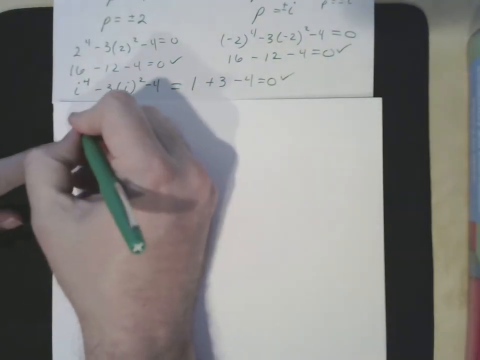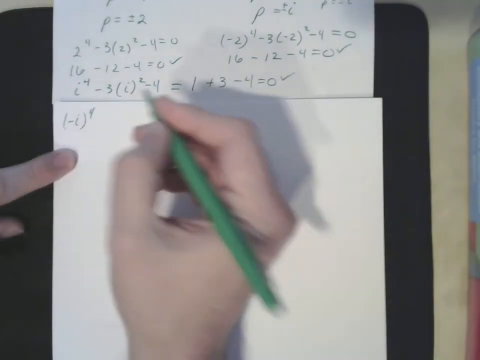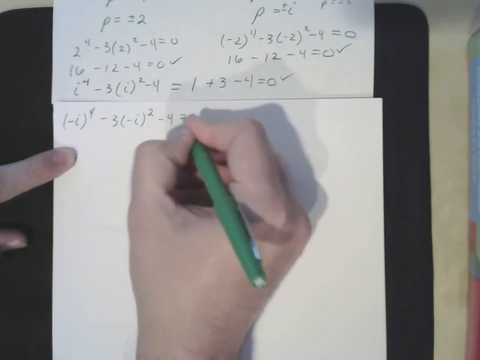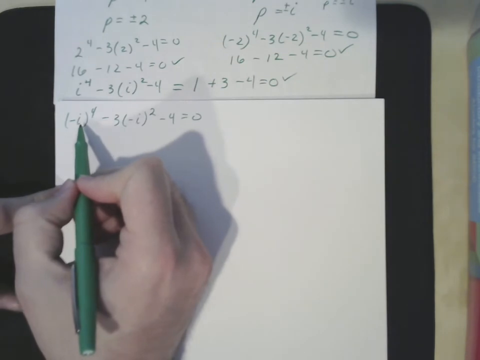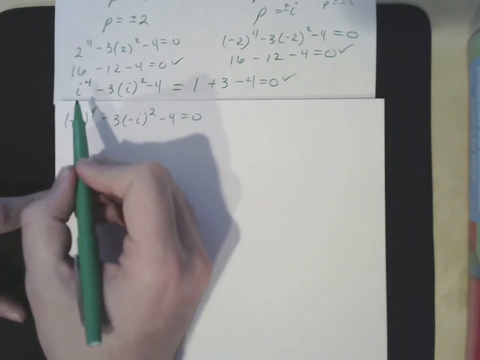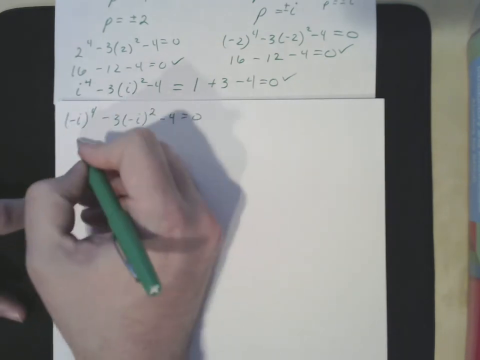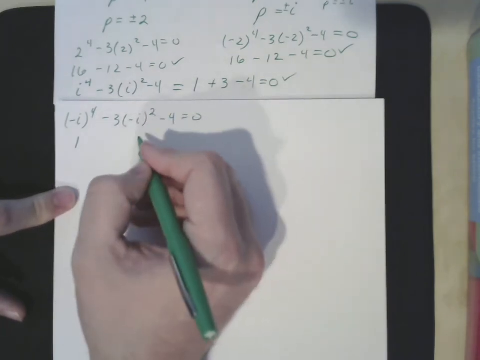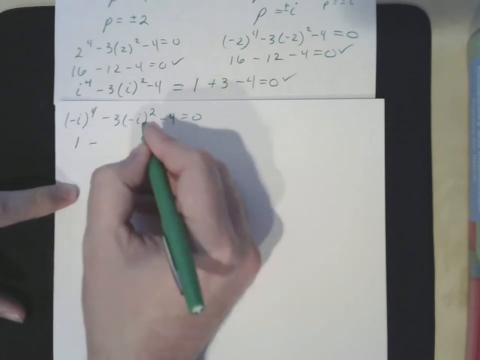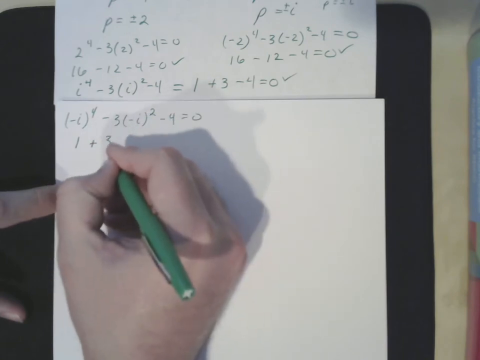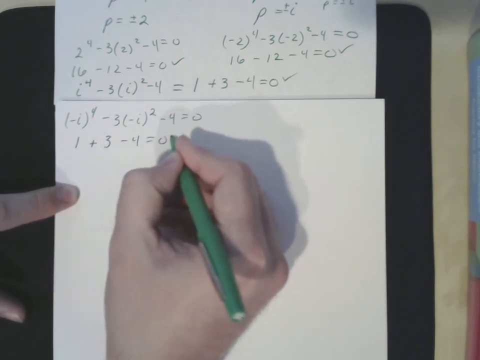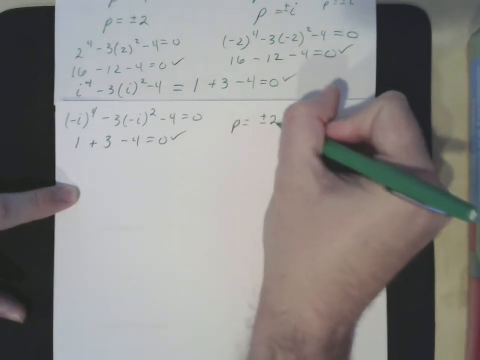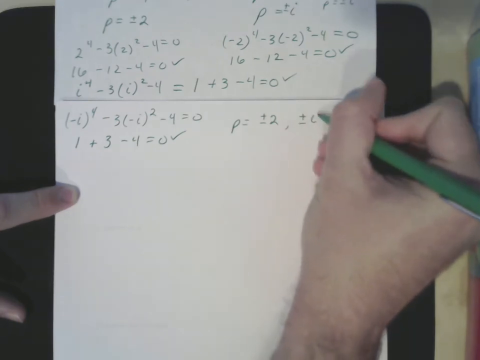And we plug in negative i to the 4th minus 3 times negative i squared minus 4 should equal 0. Negative i to the 4th is just negative 1 to the 4th times i to the 4th, so this is still positive 1. Negative i squared is just negative 1 squared times i squared, so this is still negative 1, times negative 3 makes this positive 3. Minus 4 equals 0. That one works. So our solutions, plus or minus 2, plus or minus i.